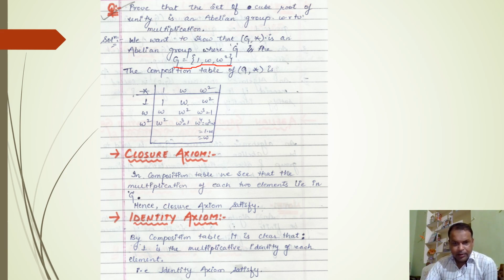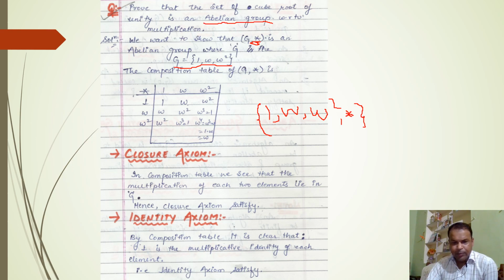The operator is star, which means multiplication. So we have to prove that this G, meaning 1, omega and omega square, with the operation star (multiply), is an abelian group.